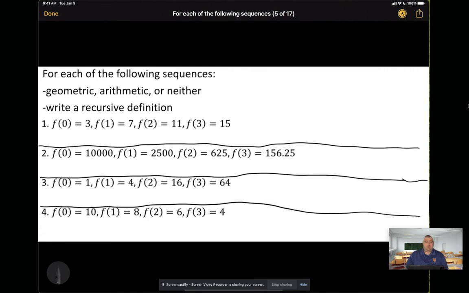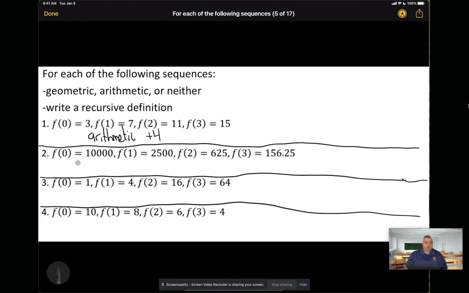For number 1, we go from 3 to 7 to 11 to 15. That is clearly an arithmetic sequence. Why? Because my pattern is to add 4 each time. 3 plus 4 is 7. 7 plus 4 is 11, so on and so forth.